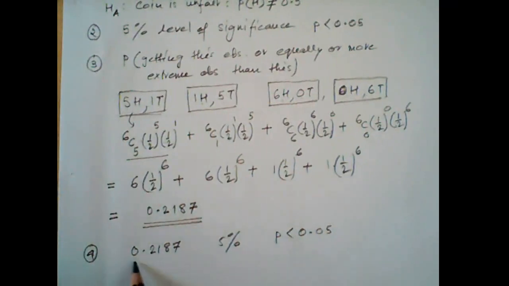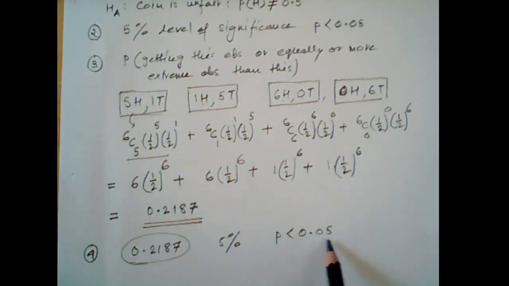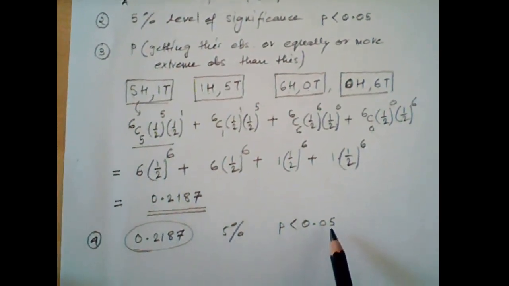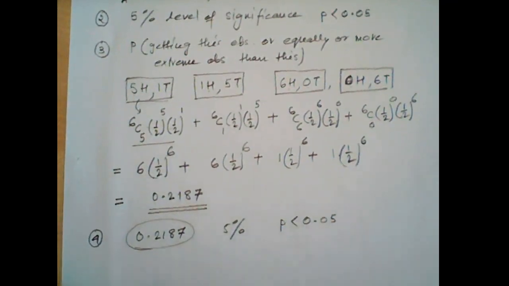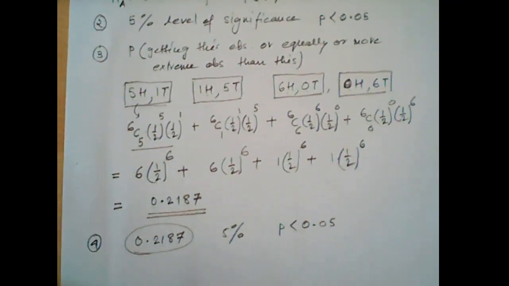But your observation or equally or more extreme observation than that, the probability of that happening is 0.2187, which is not less than 0.05.